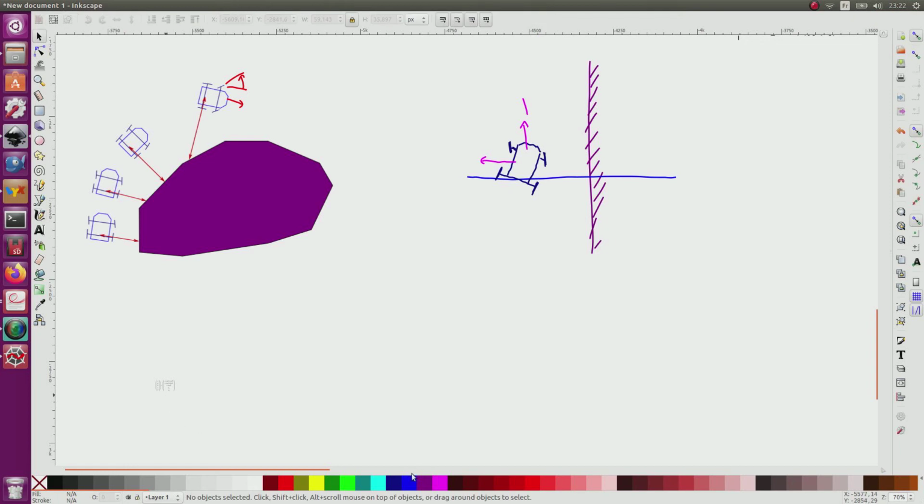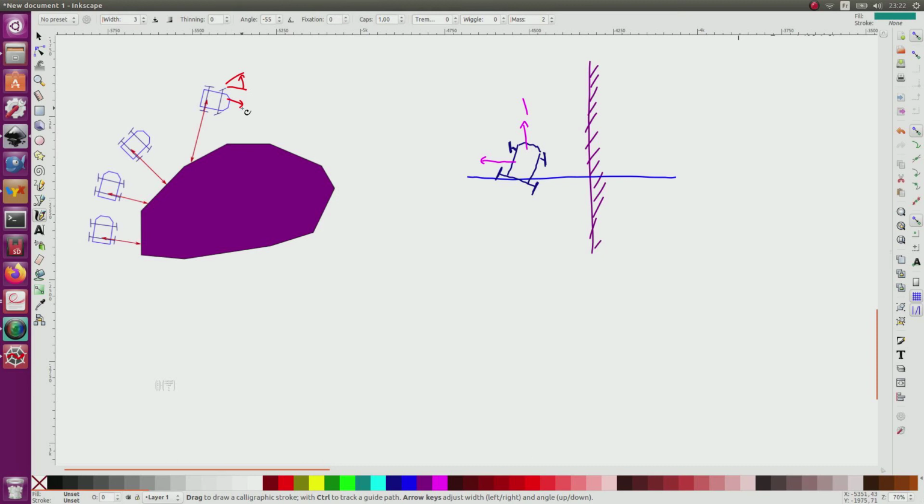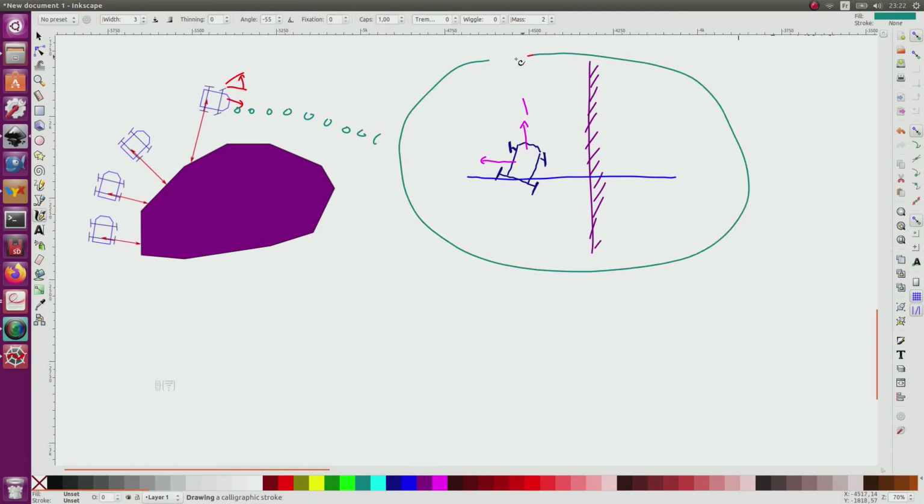So what I can represent as follows: the car which is here. Imagine that the world is like this. That it goes, for instance, to the north, and in this world it will be able to reconstruct from the measurements.